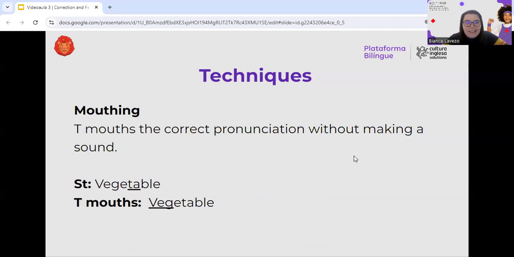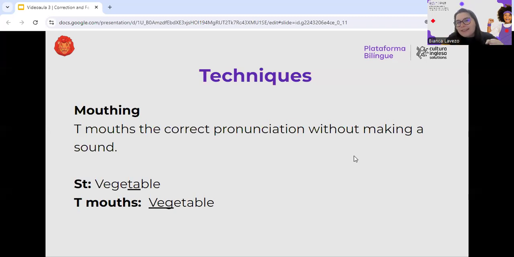The fourth technique is mouthing. It's also connected to the idea of pronunciation. It's the one that the teacher doesn't really say anything, just mouths a word. So let's say the student says vegetable, and you want to correct, but you don't want to say the word. You just use your mouth, and you just mouth the stress.